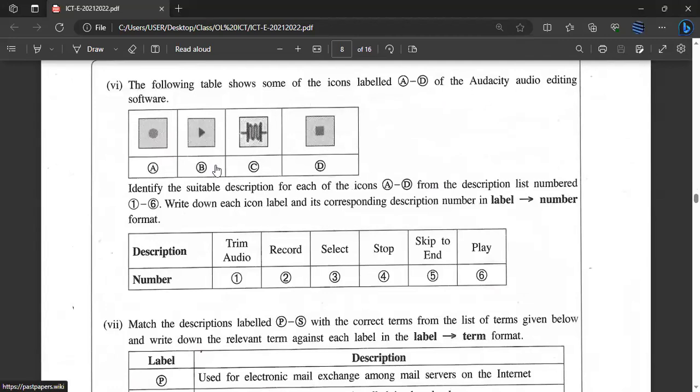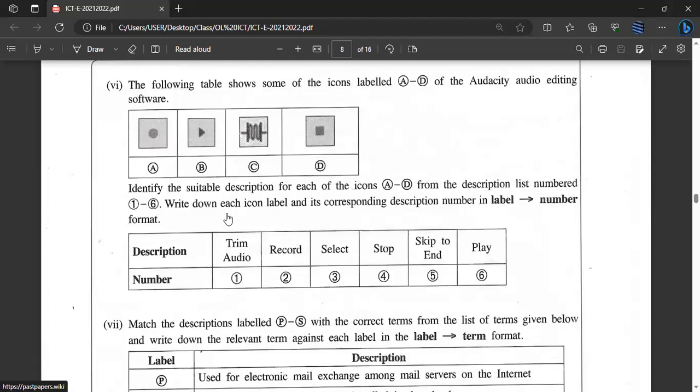Identify the suitable description for each of the icons A to D from the description list numbered 1 to 6. Write down each icon label and its corresponding description number in label number format.